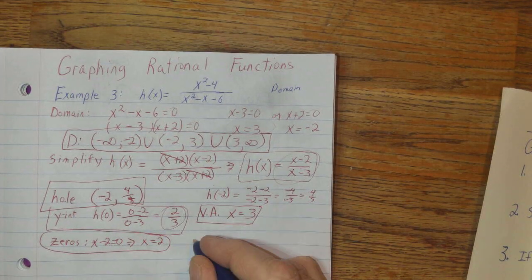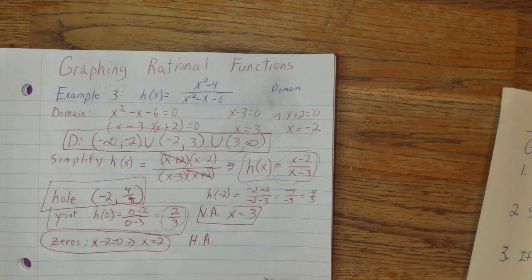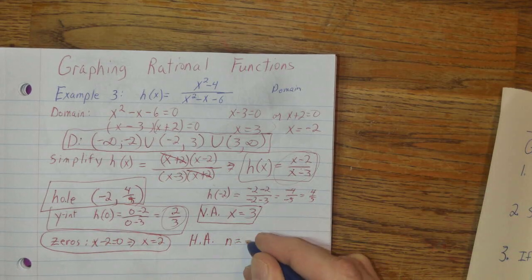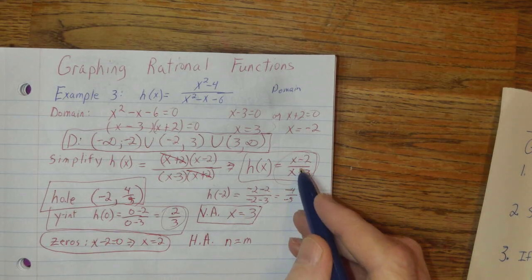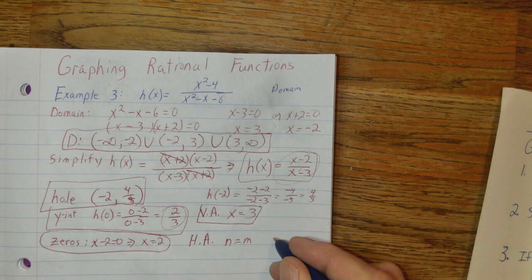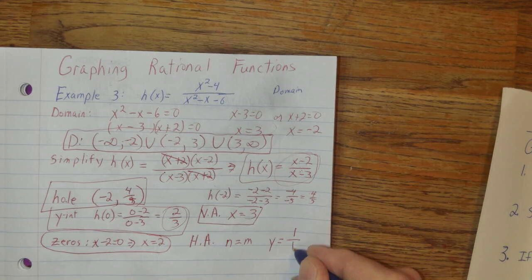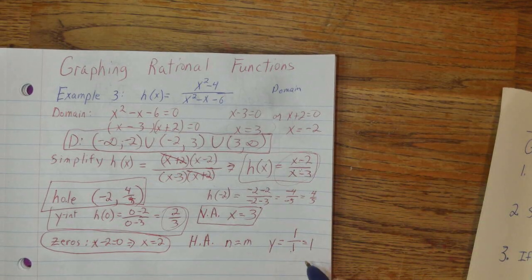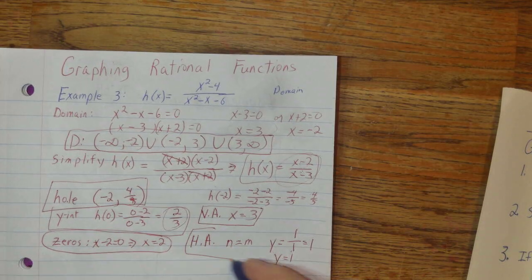Okay, horizontal asymptotes. Now for the horizontal asymptote, we are talking about n equaling m. And let's use the simplified function here. And so y is equal to the lead coefficient, 1x over 1x, the 1 over 1, so y equals 1 is our horizontal asymptote.